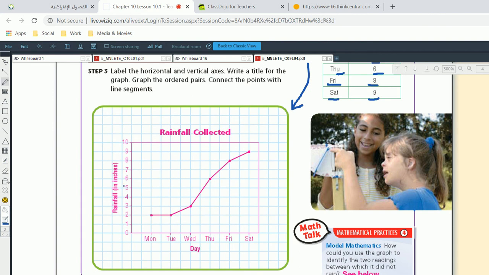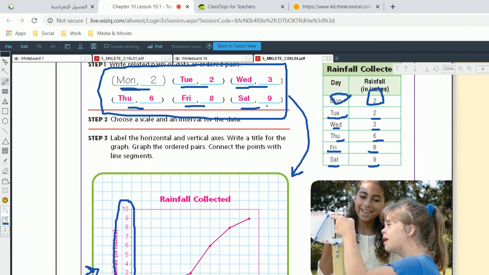So our scale is 1, so we are going to add 1 to get our scale here, which is rainfall. Start from 0. Every time you have to start from 0. 0, 1, 2, 3, 4, 5, 6, 7, 8, 9, 10. Okay, we have the greatest number is 9, so we reached it here.